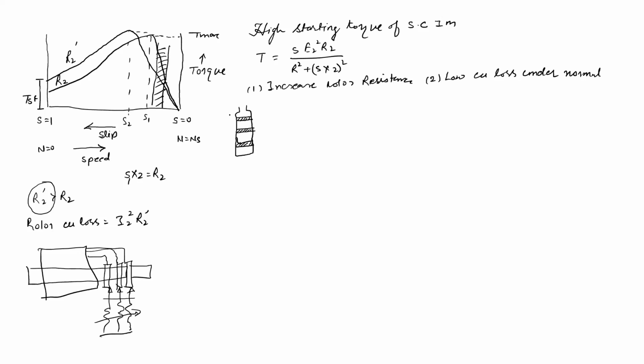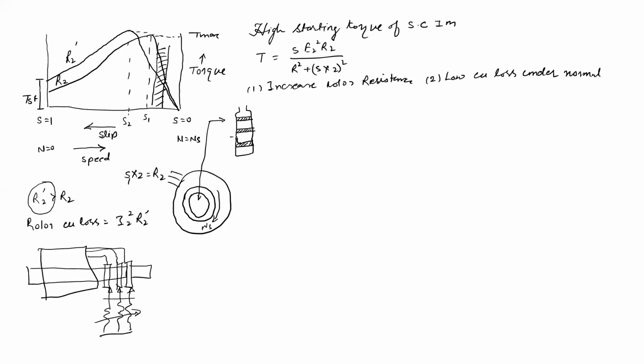Whenever the stator is connected to the supply, say this is the stator of the induction motor and this is the rotor construction, the 3-phase stator winding produces magnetic flux, and it links with this construction.